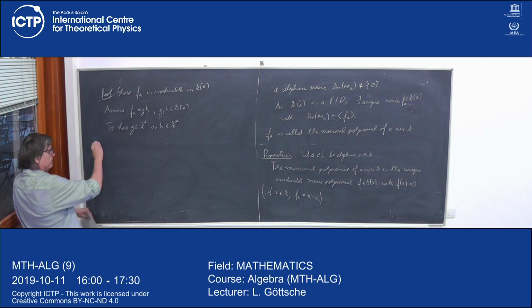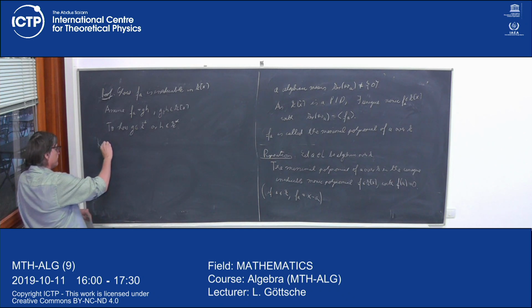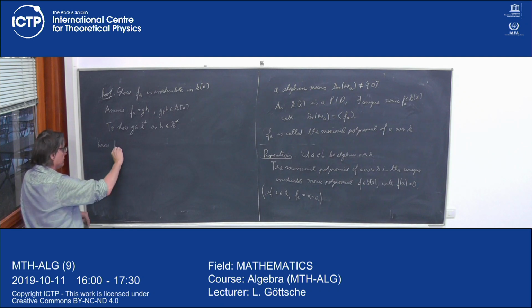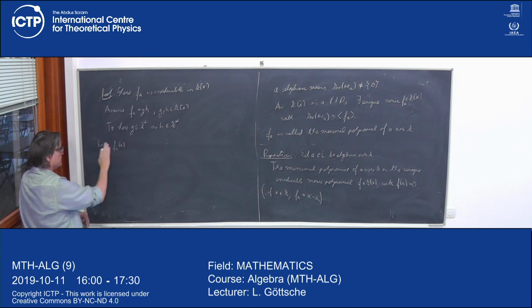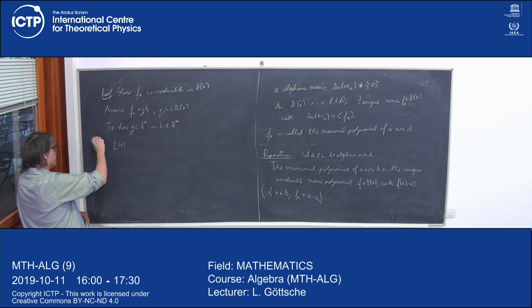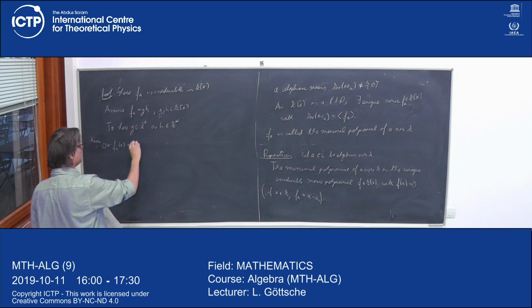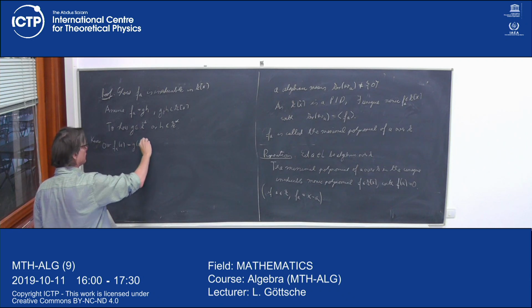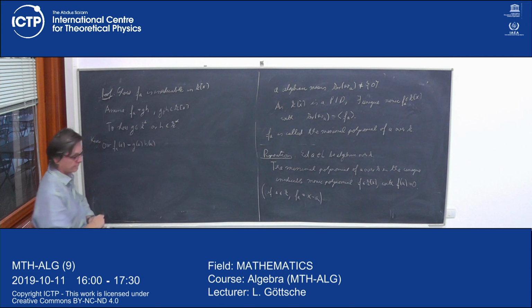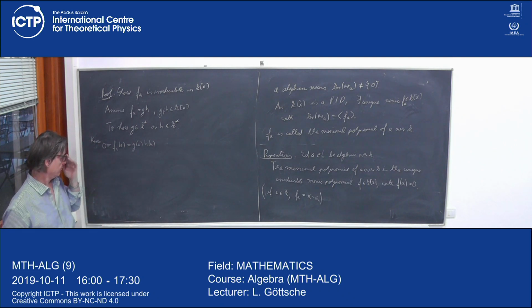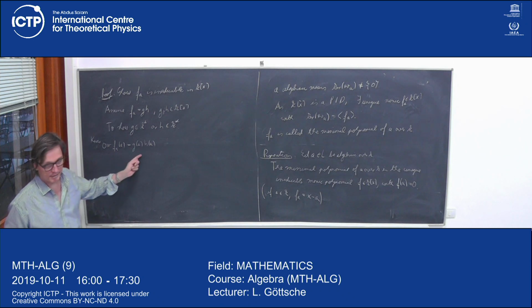We know that f_a(a) is equal to 0, and we can write it out. This is g(a) times h(a). So it follows, as L is without zero divisors, that one of them must be 0.